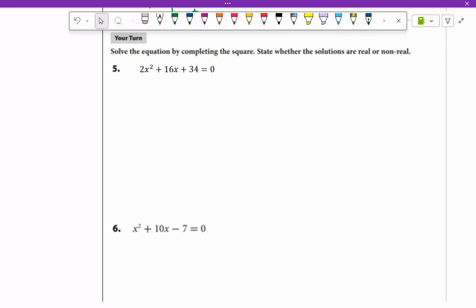See if you guys match. Even if you didn't finish 6, just stop and look at 5. Okay, so everybody have that conversation right now.